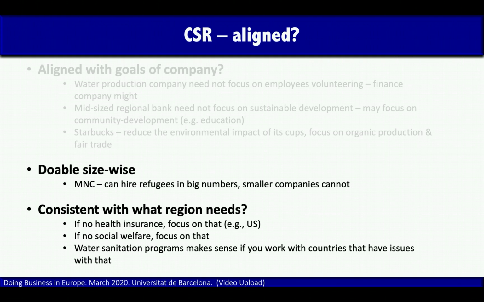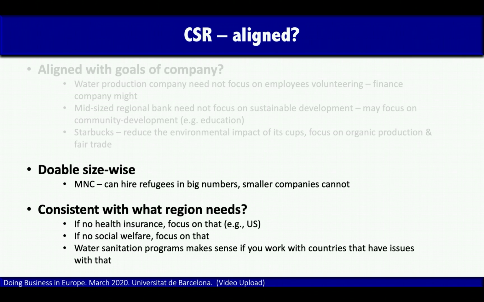Now, for a small firm, that can be very complicated. For a bigger firm, that's potentially easier to do, especially if you're a multinational firm working in many different countries, and of course, different countries have different numbers of refugees, so it's easier for you to hire them in some countries than others, right? This is just one example, but of course, the size of the firm really matters a lot.